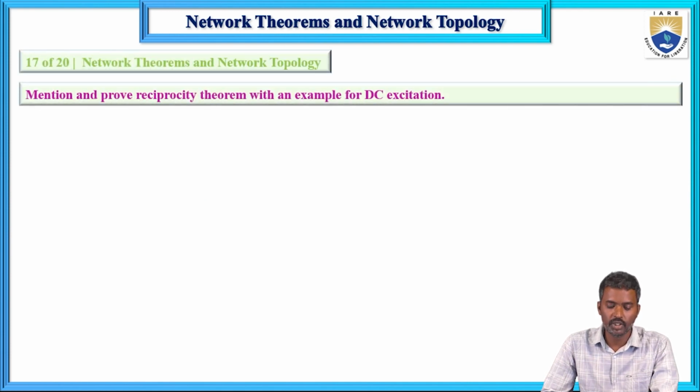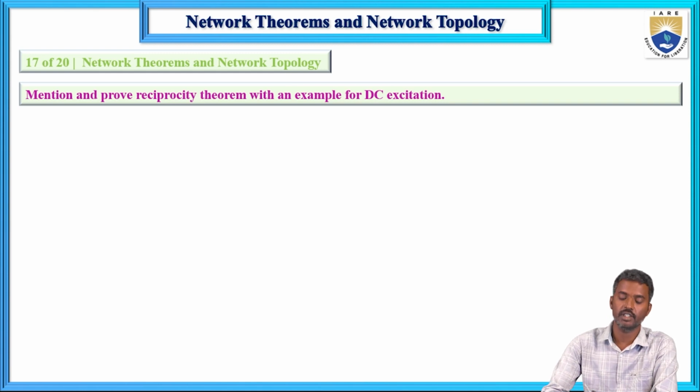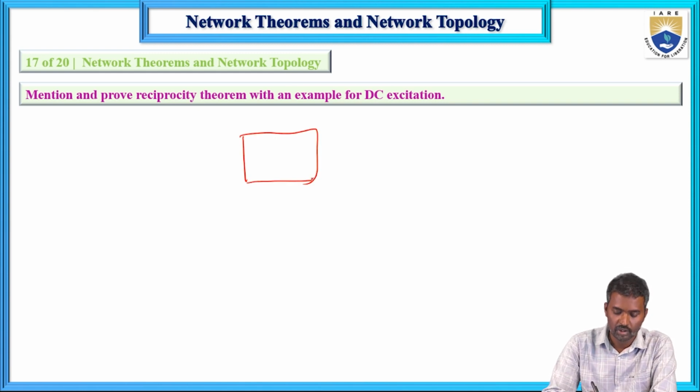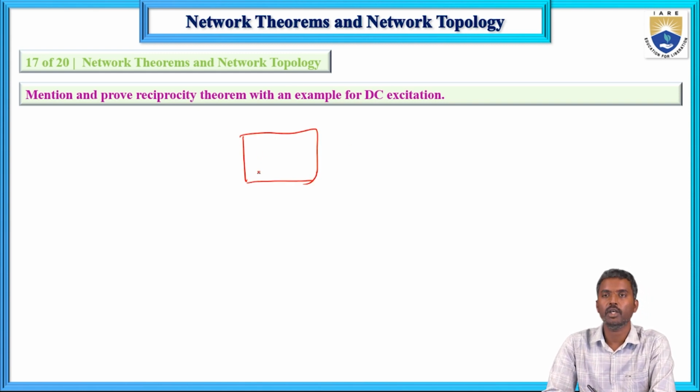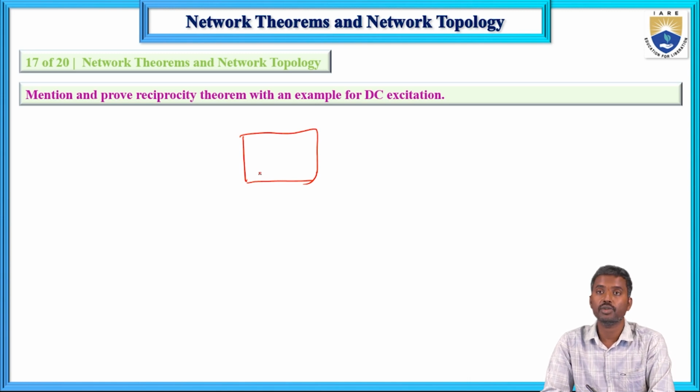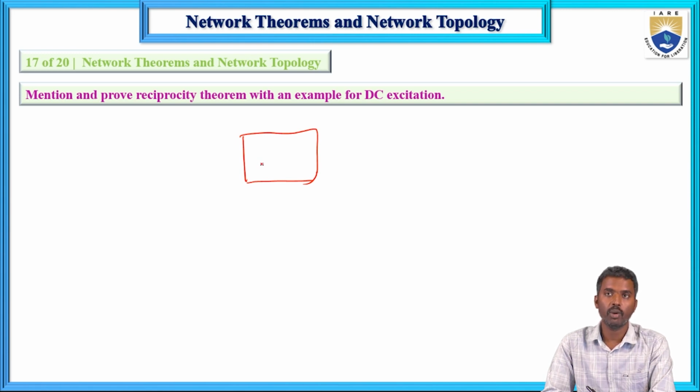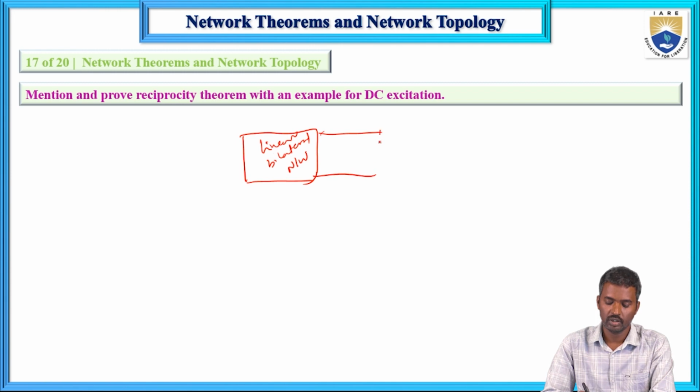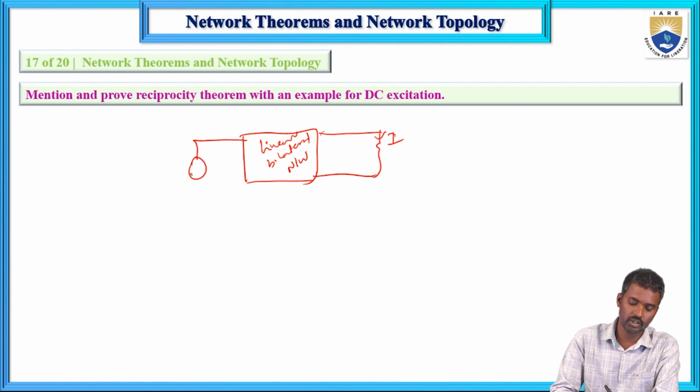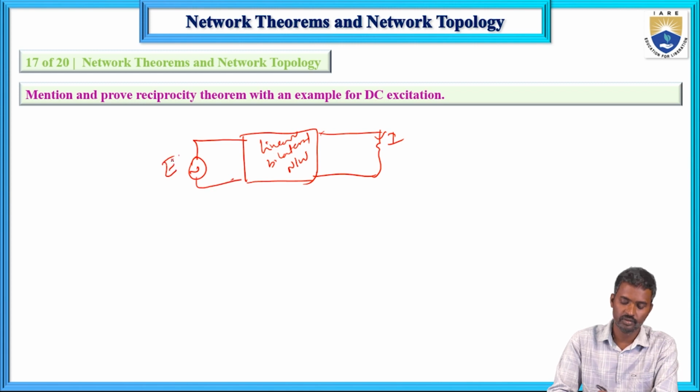Next, mention and prove the reciprocity theorem for a given DC excitation system. This is applicable only for a single source network, not for a multi source network, and only for a linear bilateral network. So this is the circuit, this is the response, and this is the excitation.